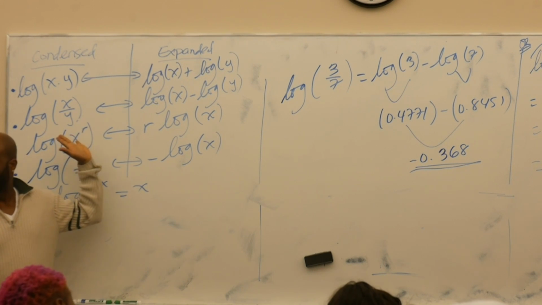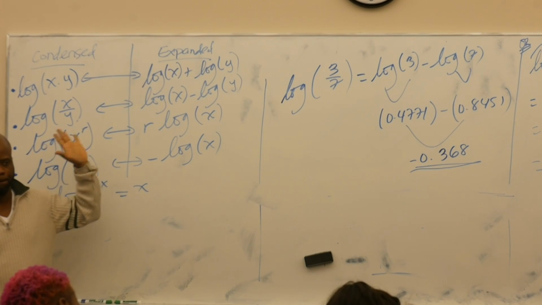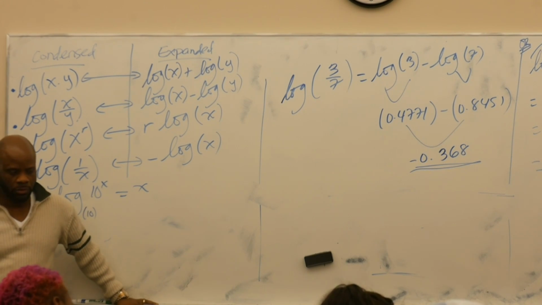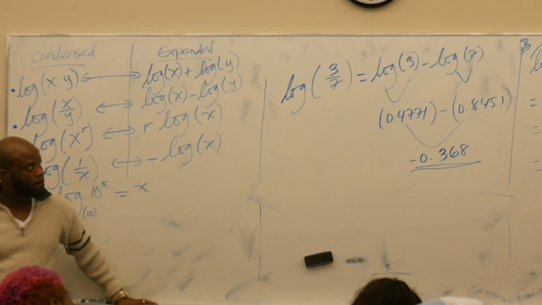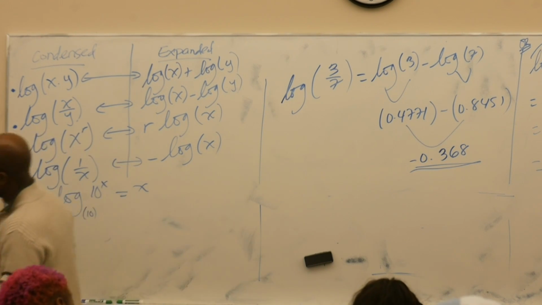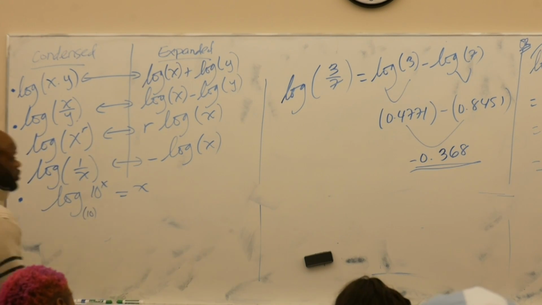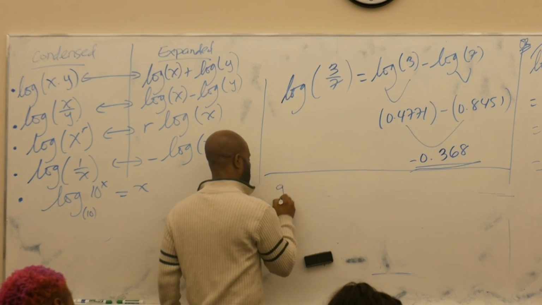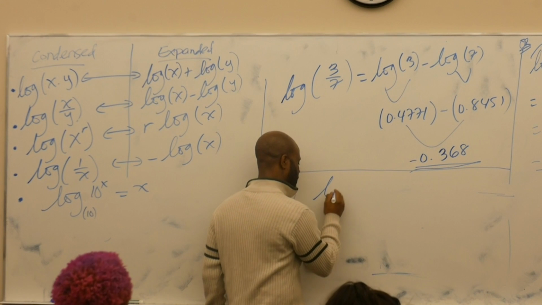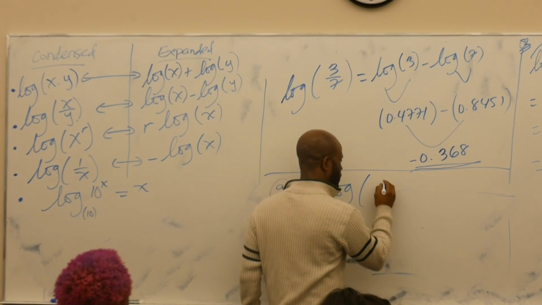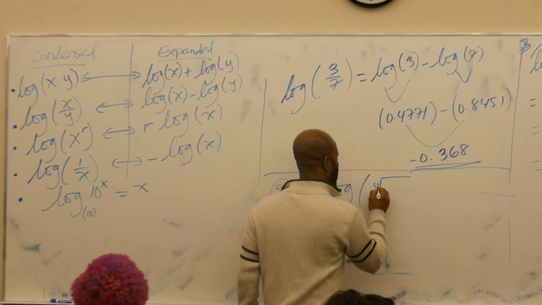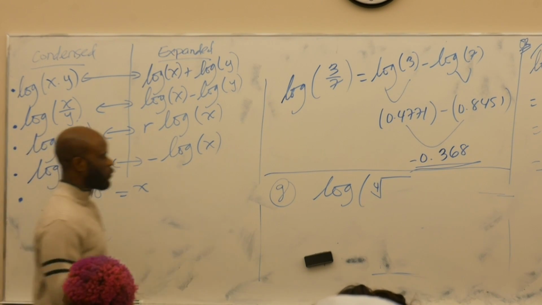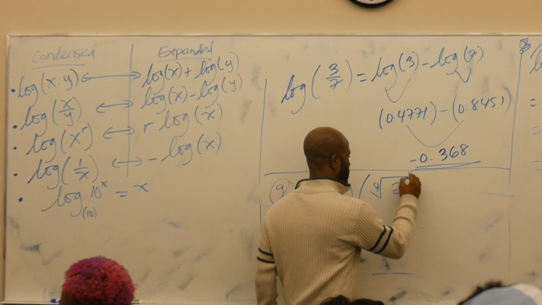So, applying properties. Problem G is asking for the log of the 4th root of 2. That's how you say that?